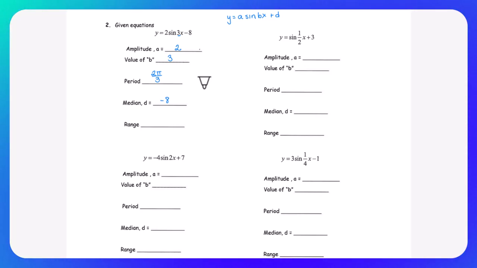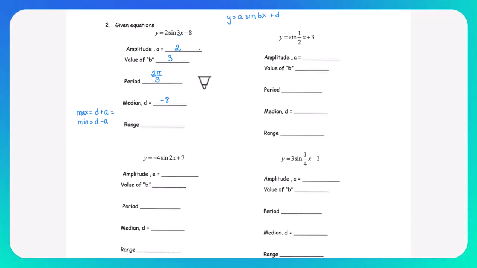And what does that tell us for the range? Well, for the range, we need to know the max and the min. So remember, to determine the max, and the formula is right at the top of the page, we're going to take our d value and add the a. And for the min, we're going to take the d value and subtract the a.